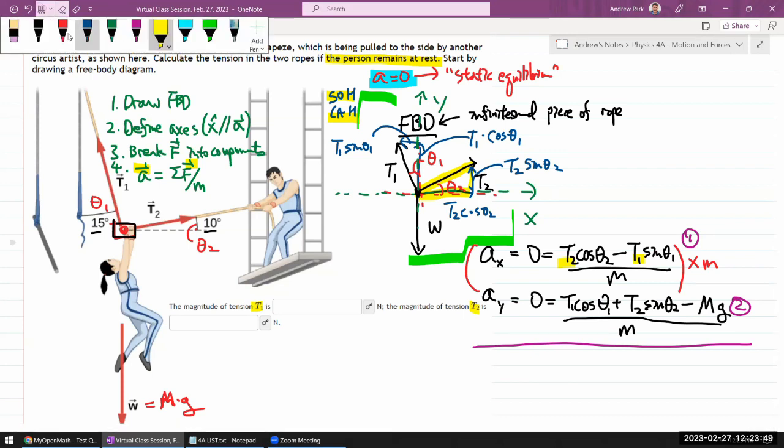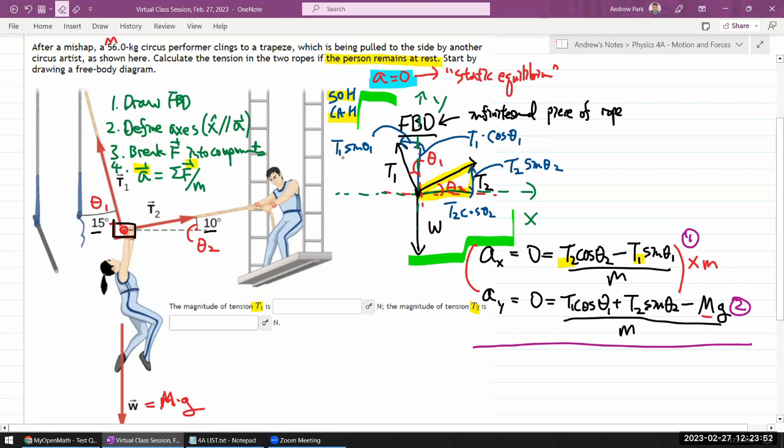I know what the mass of the performer is. And even though I don't know the mass of that infinitesimal portion of the rope, if you imagine doing this that I sketched earlier, then that small m cancels out. So that's not an unknown that you have to know anyway. So I got two equations, two unknowns, so I should be able to solve for it.